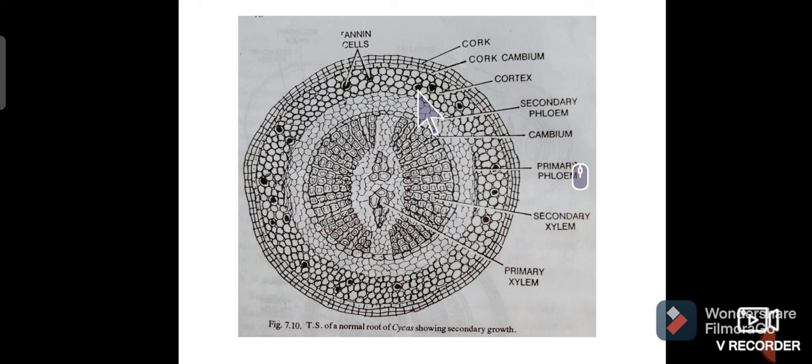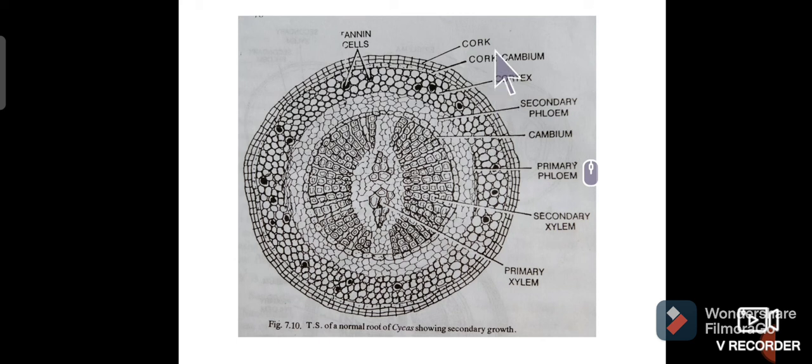And sometimes another cork cambium layer will also develop here in the pericycle. This cambium will cut cork towards the outer side, and secondary cortex towards the inner side. So the cork cambium and secondary cortex together constitute what we call periderm.